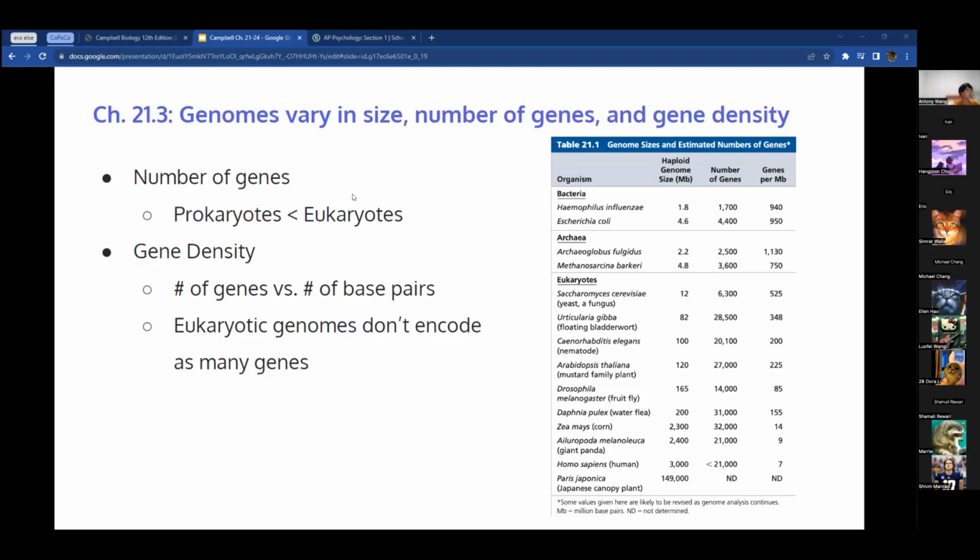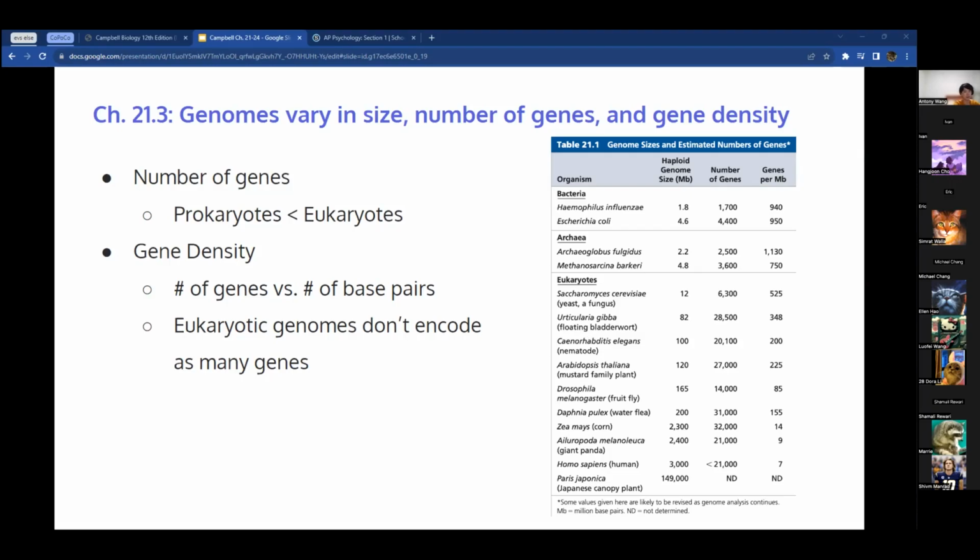Genomes vary in size, number of genes, and gene density. As a general rule, eukaryotes have a lot more genes than prokaryotes, but gene density of prokaryotes notably is greater than eukaryotes. The gene density is the number of genes per total base pairs, and eukaryotic genomes have a lot of non-transcribable regions.